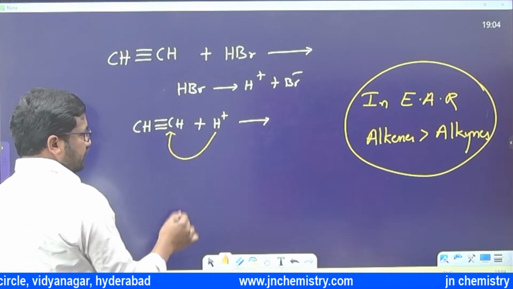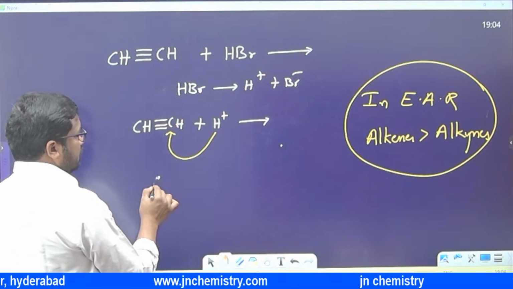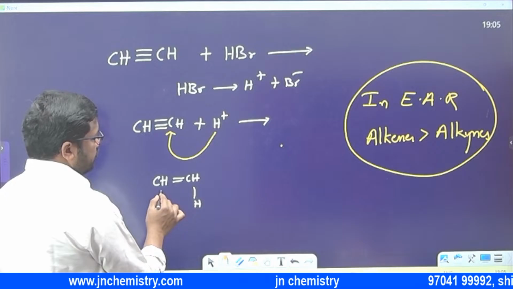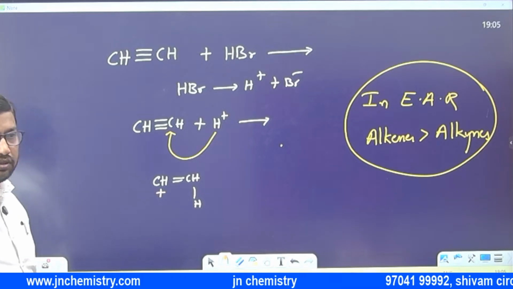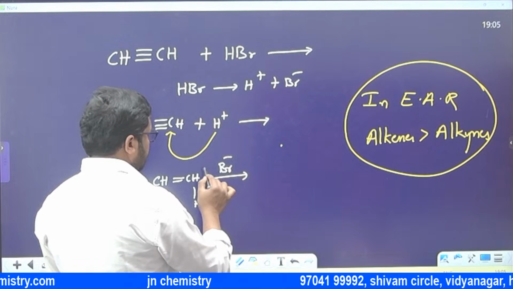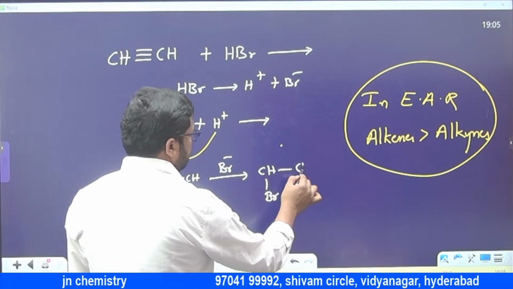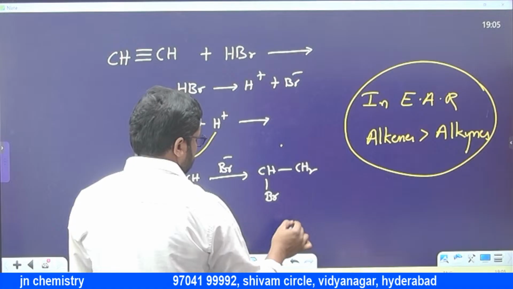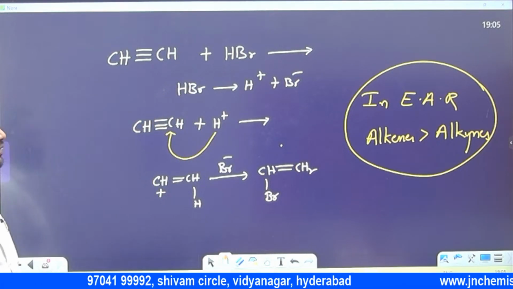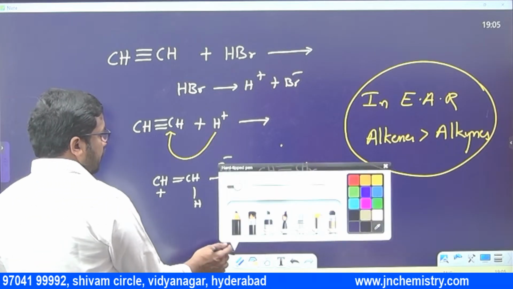So for example, if H plus attacks over here, what will we get? CH double bond CH, H, positive charge. Then Br minus attacks over here, where the positive charge is. We get Br CH2, double bond, so it acts like an alkene, right?